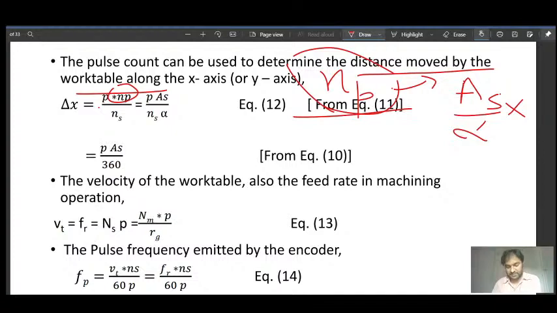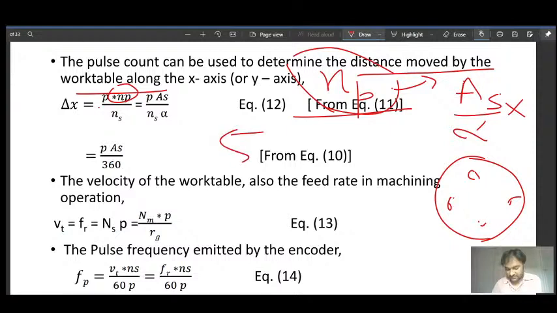For example, if in a disk four slots are there, and the encoder has sensed 5 pulses.